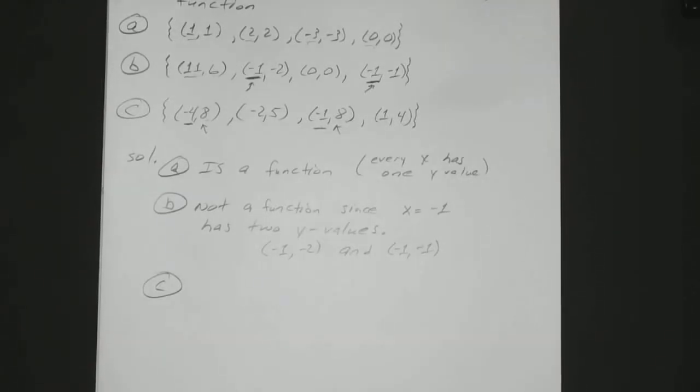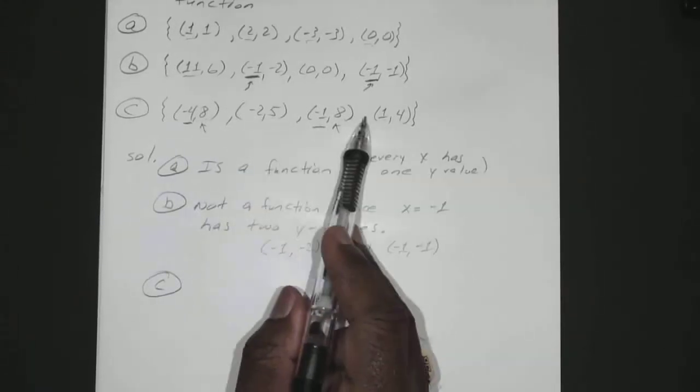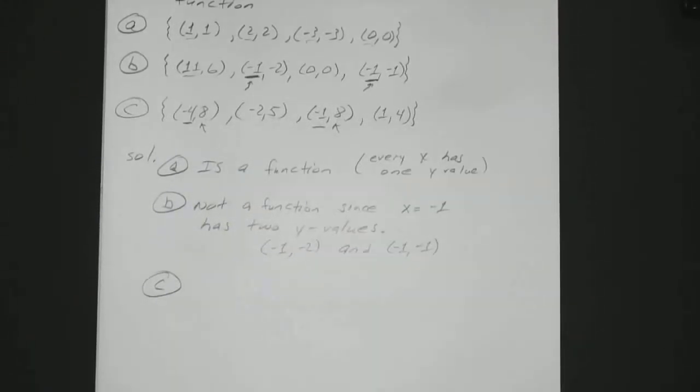It's still a function because remember, the definition of a function is every x can only have one y. Y's can have different x's all day. So if all of these were 8s for y values, it would still be a function. It's just the x that has to follow that only one y value. It's not the other way around. Does that make sense? Okay.